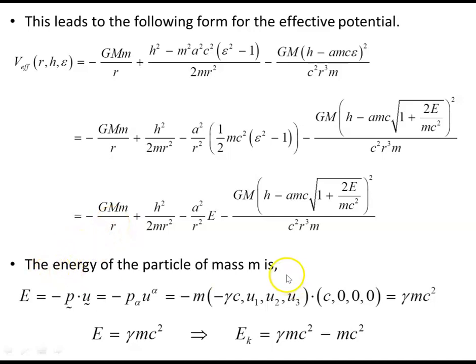Again, can I just remind you, the energy of the particle of mass m is E equals minus p dot u. So p is the momentum of the mass m, and u is some observer. We can imagine some stationary observer somewhere being passed by the particle of mass m with momentum p.